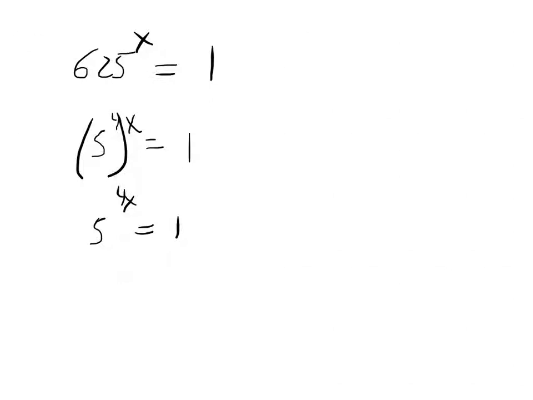What do I raise 5 to in order to get an output of 1? And that exponent here would have to be a 0, because anything to the 0 equals 1, and therefore x equals 0.